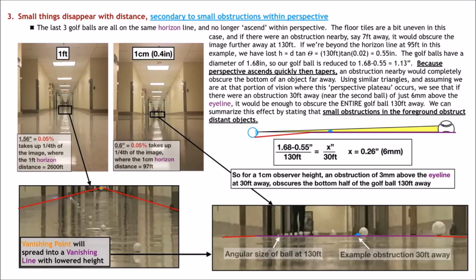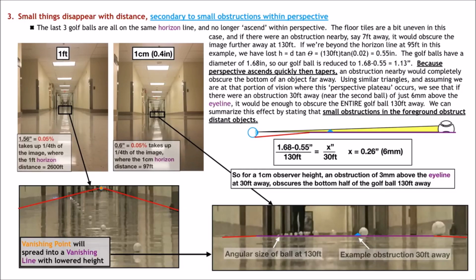We can calculate what height would be required to obscure that distant object just by using similar triangles, and that's what I've done with that formula, solving for x. In this case, x is 6 millimeters. So a 6 millimeter obstruction above the purple line completely obscures the entire golf ball 130 feet away.